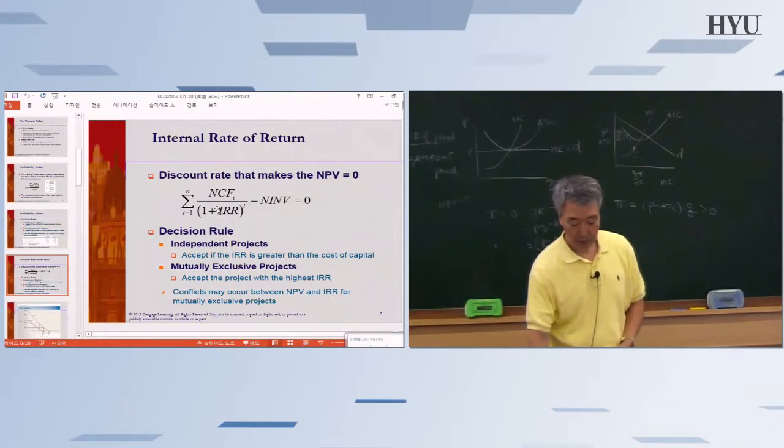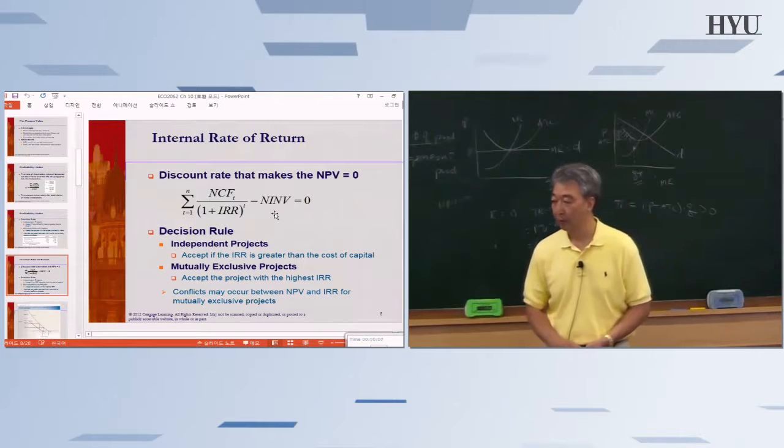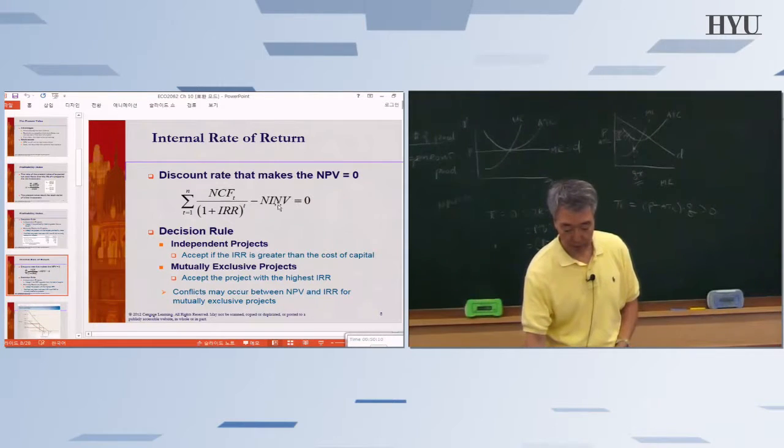But here, we don't know that discount rate. We're trying to find the discount rate which makes the present value of future cash flow equal to the initial investment, so that the net present value is equal to 0.